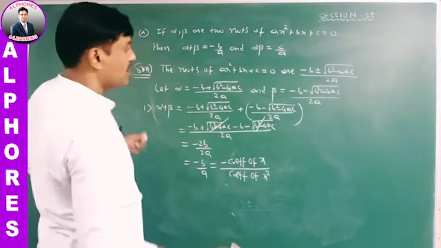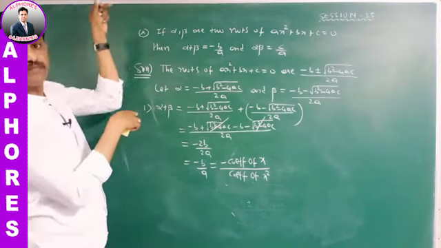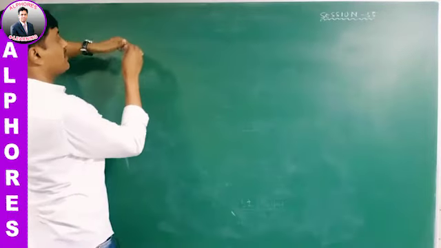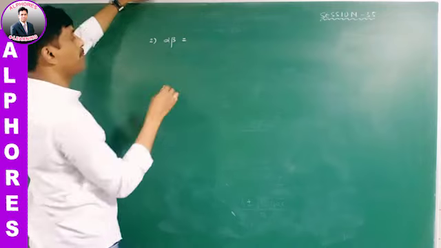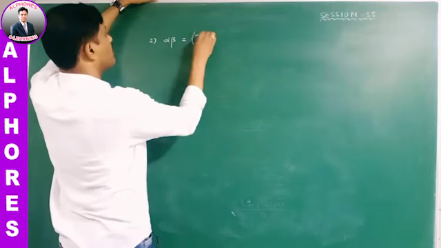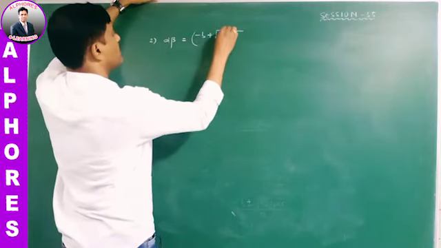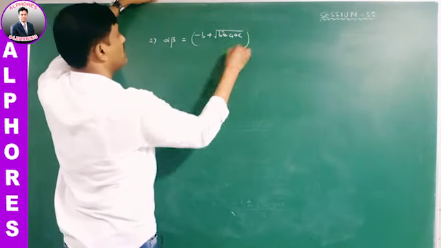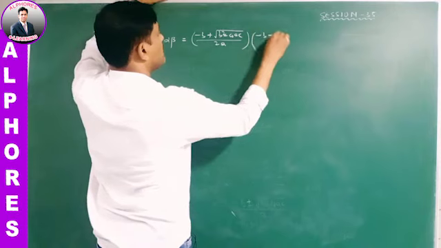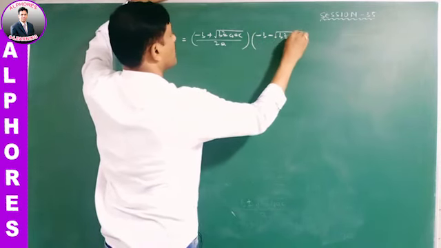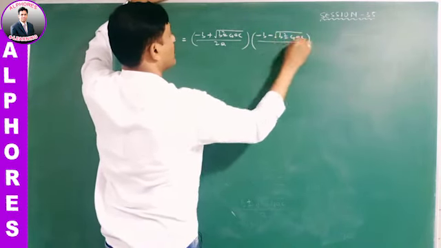Next, the product of the roots. The second one is the product of the roots, that is alpha beta. Alpha is (−b + √(b² − 4ac)) / 2a, into beta, (−b − √(b² − 4ac)) / 2a.